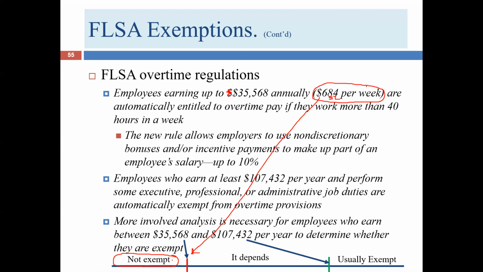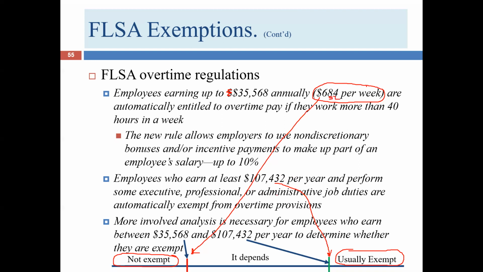The next group that we're going to talk about is people who earn a significant sum of money. And if you earn $107,432 per year, then you are automatically exempt from overtime provisions. There are a few exceptions to this, but generally you're going to be exempt no matter what you're doing. And again, that makes sense too, because these are people who are highly compensated. They don't really need overtime at that point. They may want it, but they don't need it.